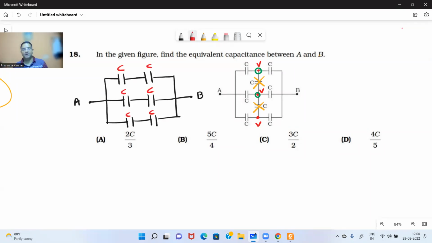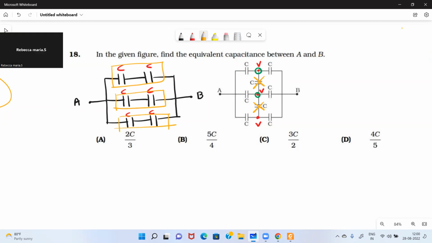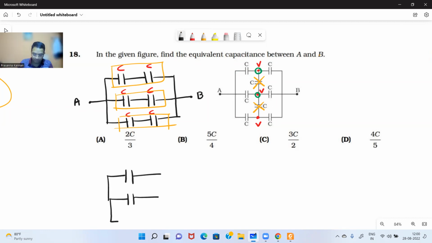So what about the top two capacitors? How are they connected? Series. What about these two capacitors? Series. All these capacitors in the branches are connected in series among each other. So what will you get? When C and C are connected in series, you get C by 2. So your capacitance will become C by 2.